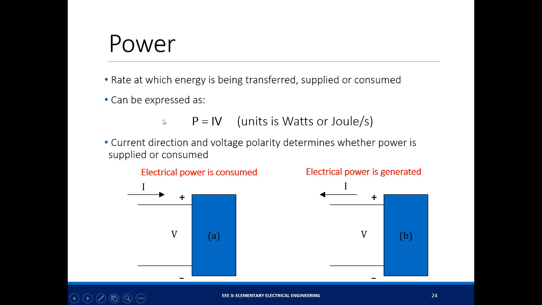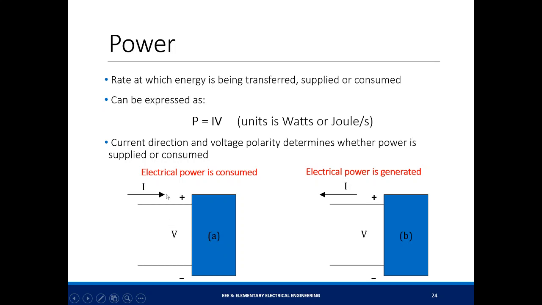In terms of any device, the power is equal to its voltage multiplied by the current, and the unit is watts or joules per second. So the current direction and voltage polarity actually define if the device is consuming power or generating power.